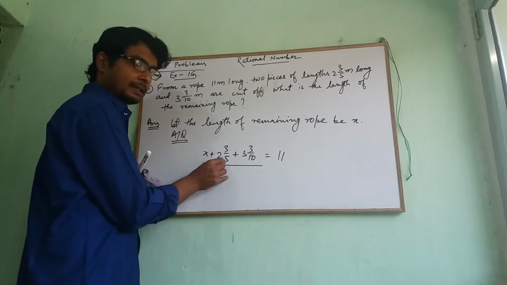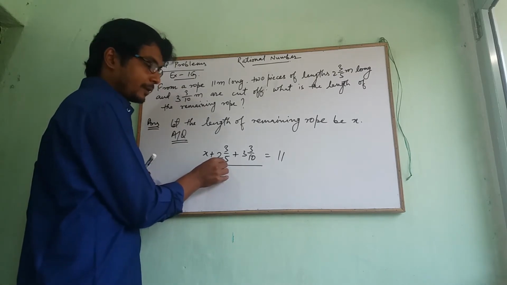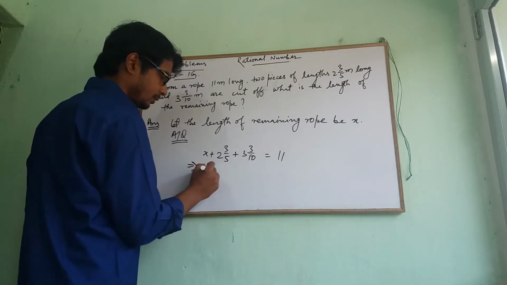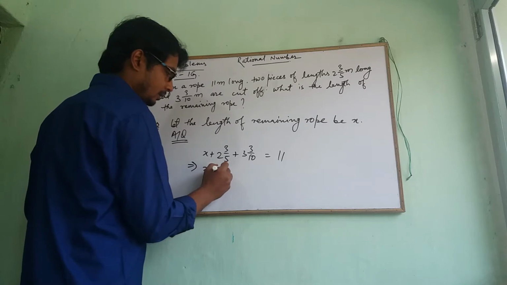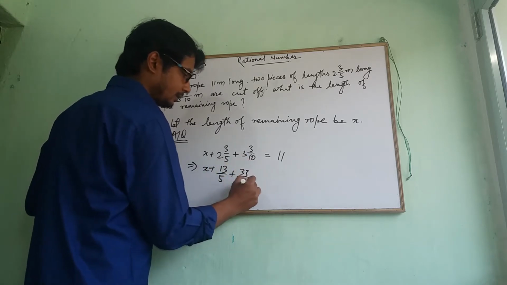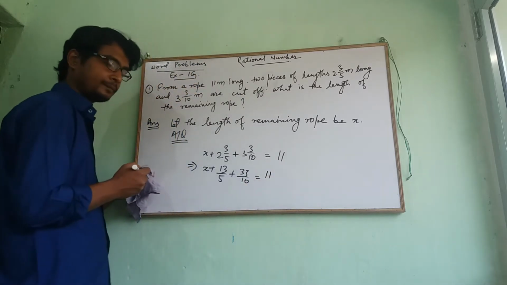Okay, so first convert these mixed fractions into improper fractions. So x plus 13 by 5 plus 33 by 10 is equal to 11.